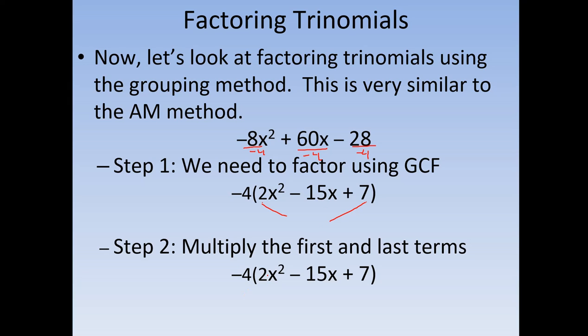So when we multiply 2 and 7, we get 14. So this is the number that we're looking for that multiplies to this and adds to the middle number. So this is where we're getting that number. We're not just looking at the last term, we actually have to multiply the first and last and then use that to see what numbers multiply to this and add to this.